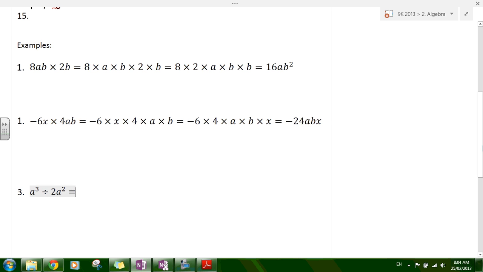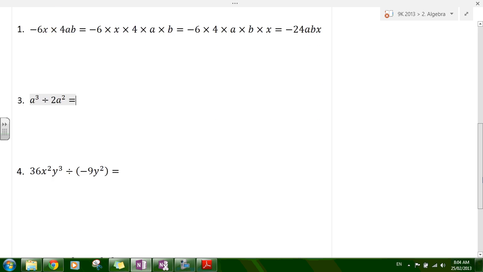Now we come to a couple of division problems. So if we have a look here, we've got a cubed divided by 2a squared. So remember what I said earlier, it's much easier if we have the top over the bottom, write it as a fraction. So what I'm going to do is actually do that.